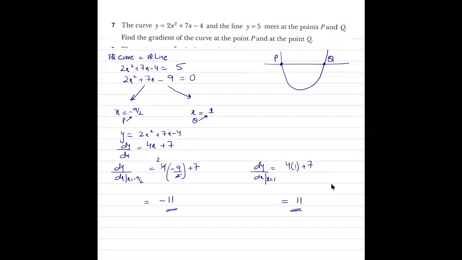So these are the two gradient values. One is negative, one is positive. Any queries so far? No, sir. Okay, all right.